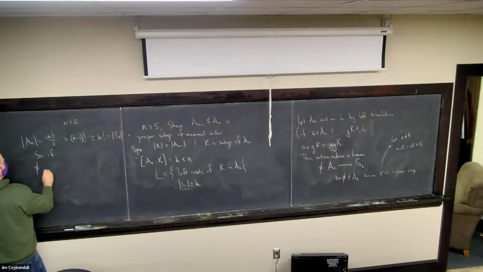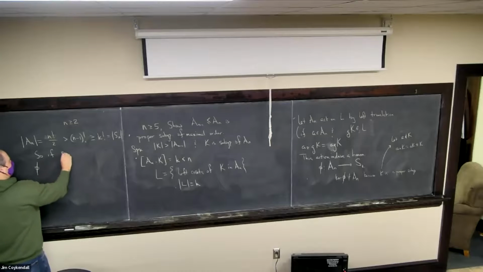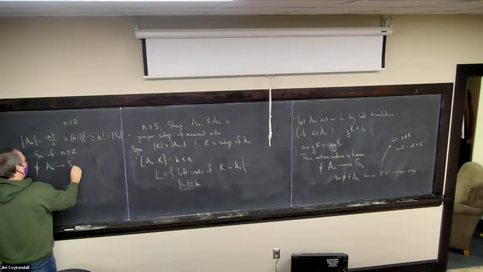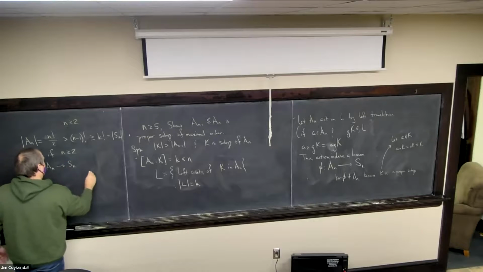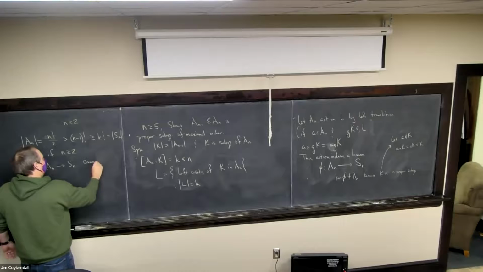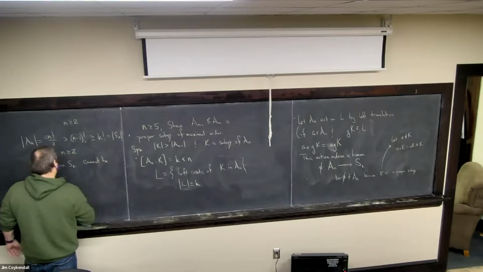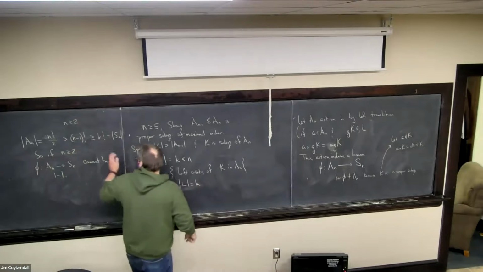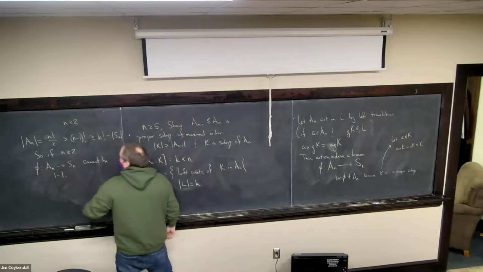So if n is greater than or equal to 2, then phi from An into Sk cannot be 1-to-1. Agree? Because basically this thing is always bigger than this.